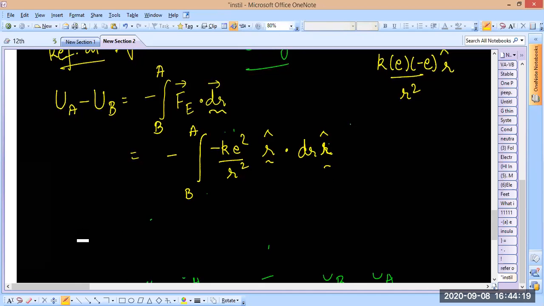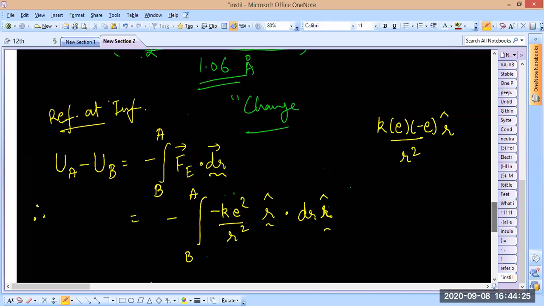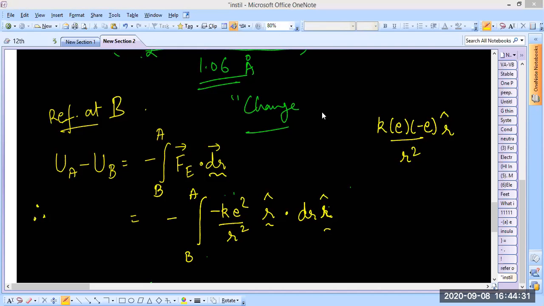Okay, now on left side, remember here we have reference not at infinity but reference is at B. Can we do it by W external? No. How will you put K's value? How will you put U's value?